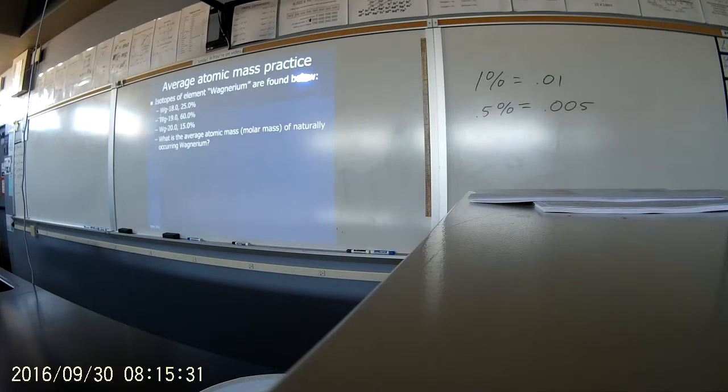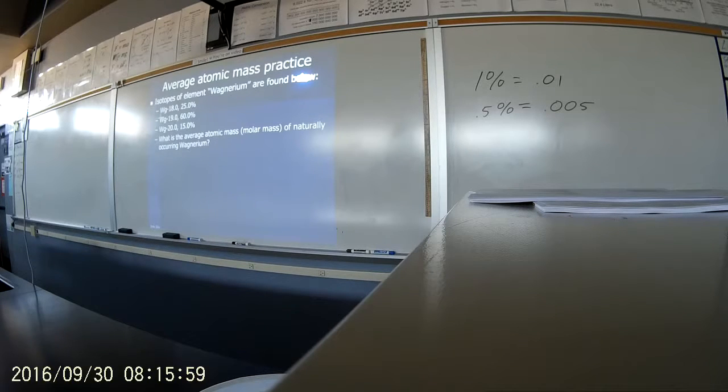You will need your calculator for this. So isotopes of the element Wagnerium are found below. Wagnerium 18 has an abundance of 25%. Wagnerium 19 has an abundance of 60%, and Wagnerium 20 has an abundance of 15%. What is the average atomic mass, also known as molar mass, of naturally occurring Wagnerium?